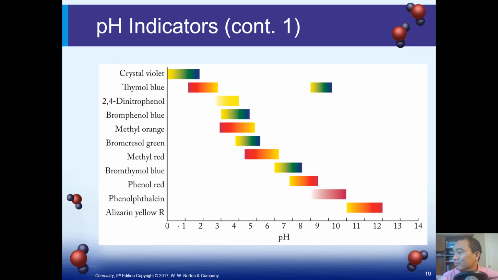As you can see here, you have a lot of different kinds of pH indicators, but the color change range is usually 1 to 2 units.